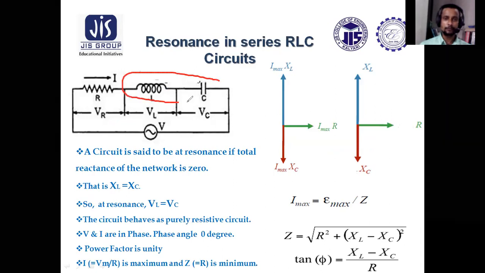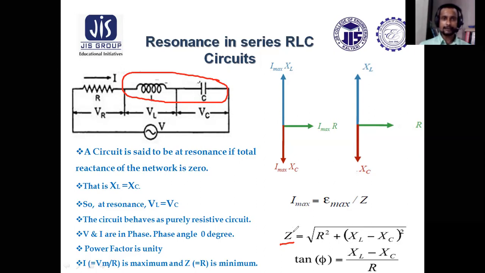Then Z will become equal to R, which implies the minimum value of impedance is offered by the circuit at resonance. Consequently, maximum current will be there.